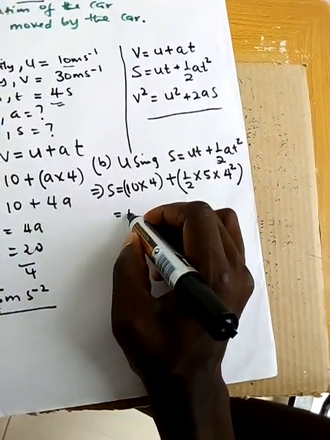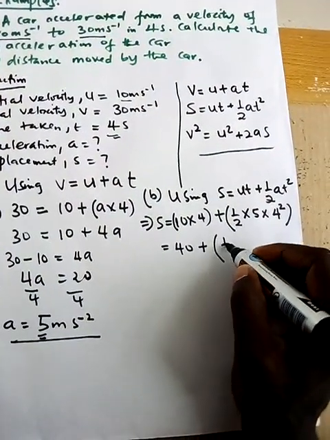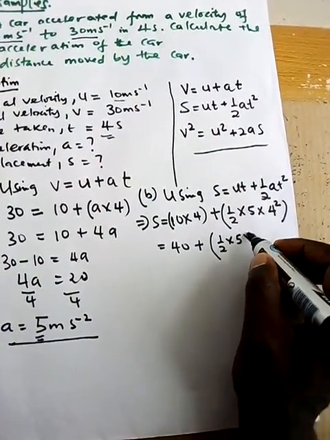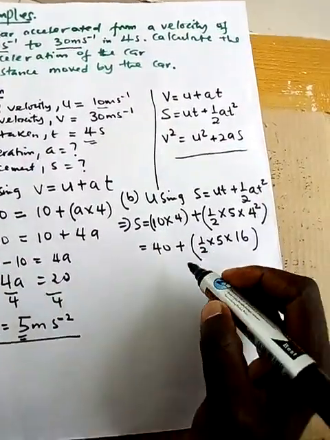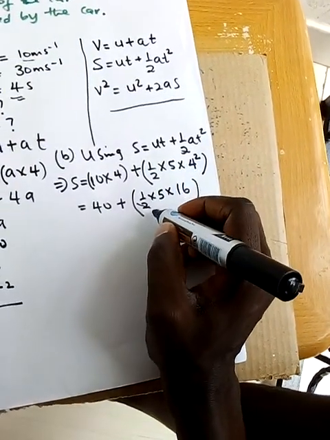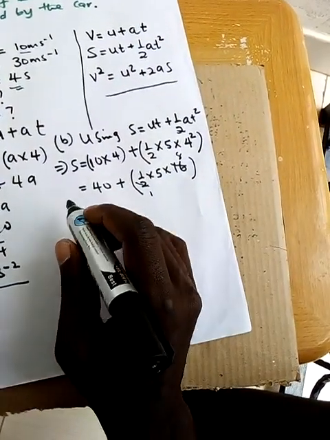Now this would mean we have 40 plus in bracket a half times 5 times 16. By the way, when you cancel out 2 by 2 here, you would get 1, and by 2 here you would get 8. I think that's clear.